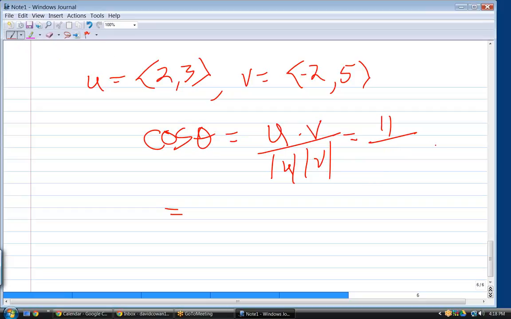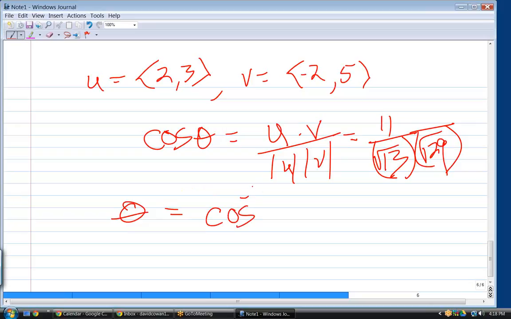Root 13. And the magnitude of v? Root 29. So theta is equal to the inverse cosine of 11 over root 13 times root 29.